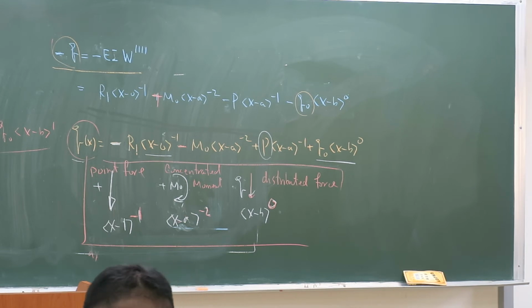So I want to give you some examples about how to write this kind of discontinuous loading. For example, this case, Q0, and this is for x equal to a, and this is x equal to b. Okay. And this loading is equivalent to this one plus this one.